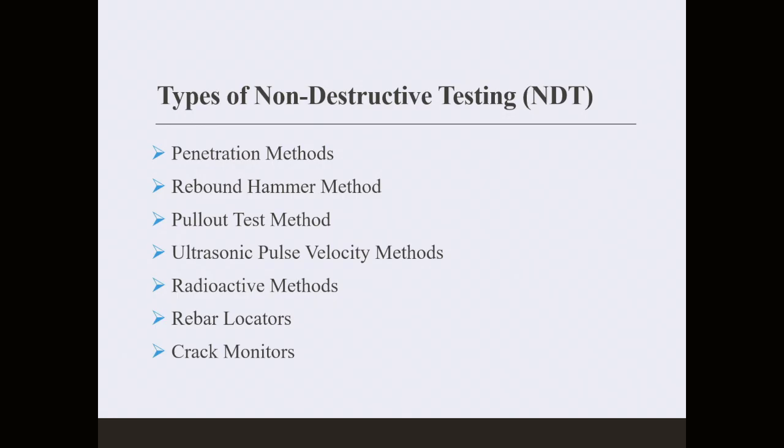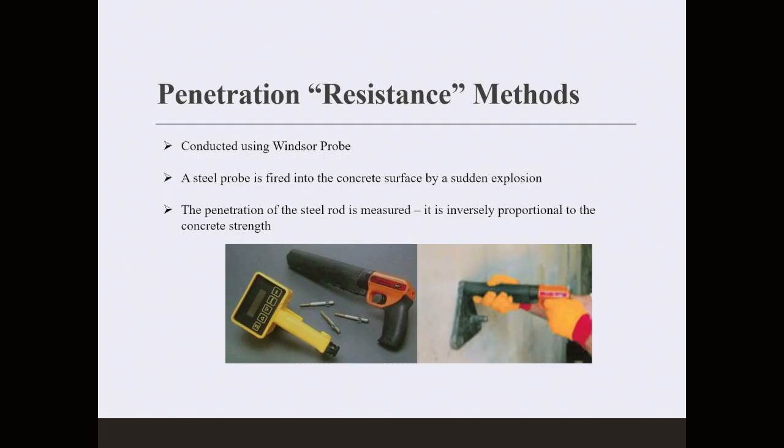So, different types of NDT include penetration methods, which is kind of borderline but still considered a non-destructive testing method, rebound hammers, pull-out tests, ultrasonic pulse, radioactive methods, rebar locators, crack monitors.